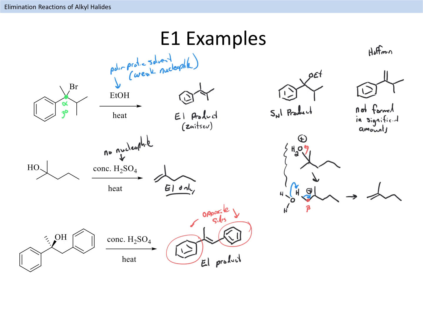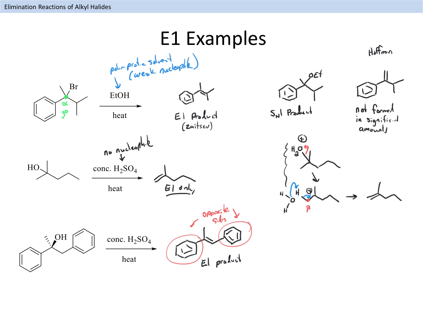The use of polar protic solvents helps promote E1 and SN1 mechanisms. 3. Heat. Though not always shown in the reaction equation, the application of heat helps to drive the elimination process, favoring the formation of the double bond. 4. Formation of a stable carbocation.